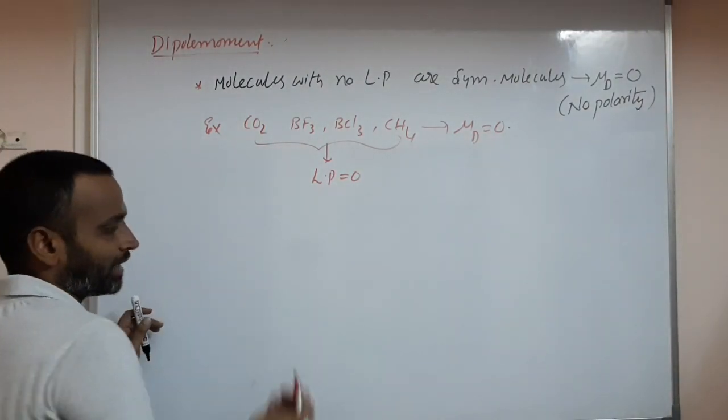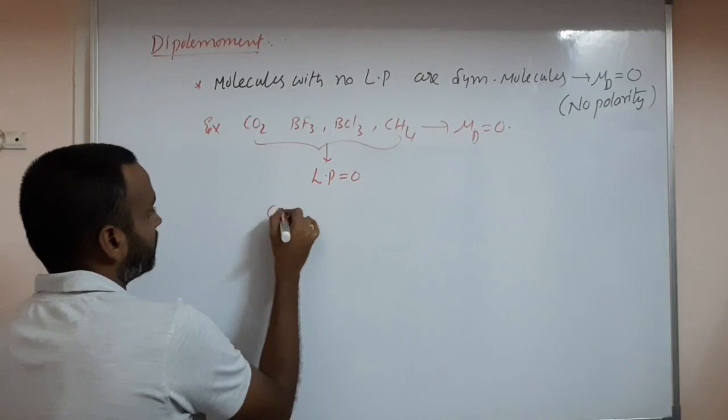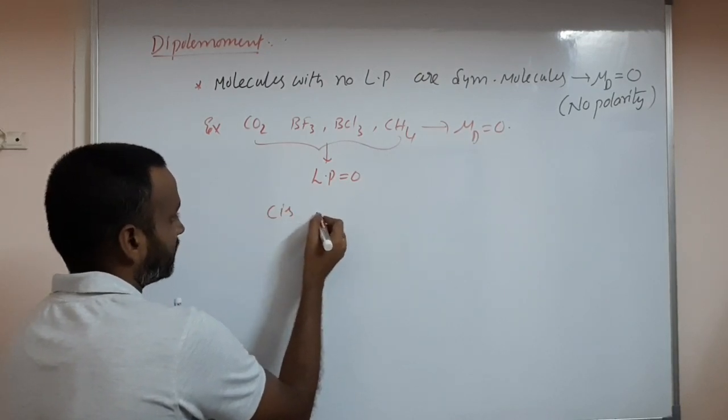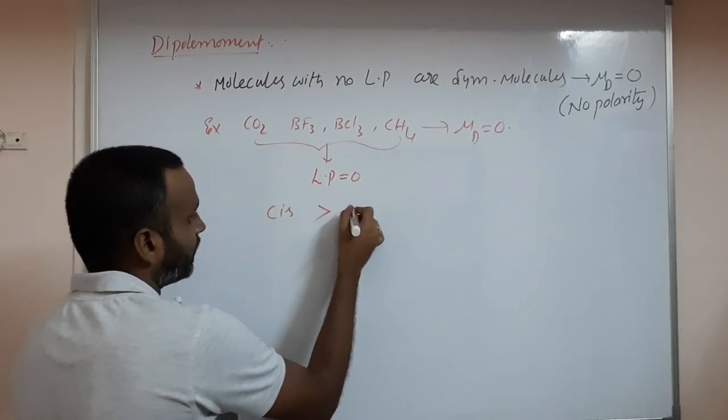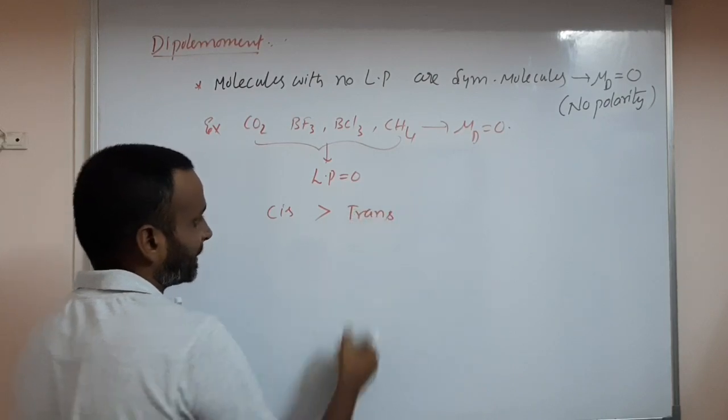Okay. So like that, I said cis and trans, in that case dipole moment is present. Cis has more dipole moment than trans.